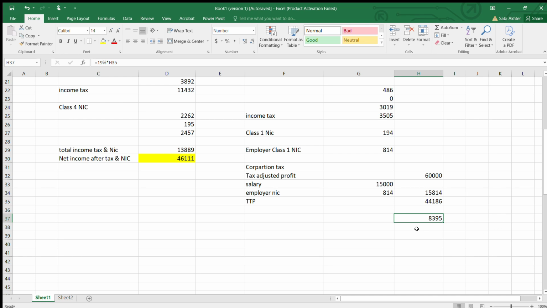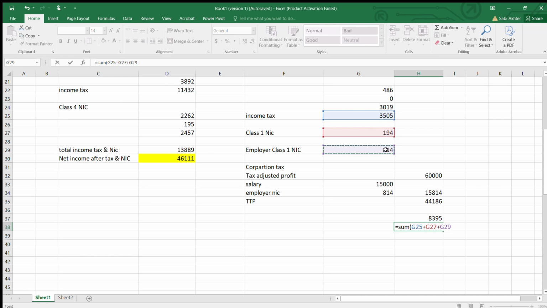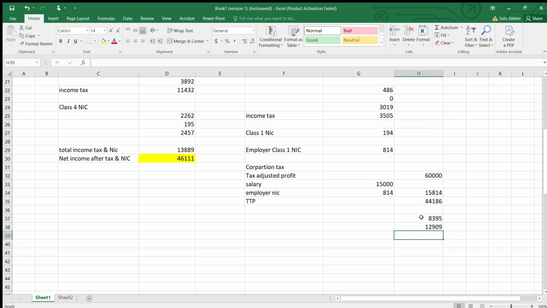Now, because it's operating as a company, we need the total tax and NIC. That is your income tax plus class 1 NIC plus employer's NIC plus the corporation tax, so you have to add four things: your income tax, your employee's class 1, employer's class 1, and the corporation tax.